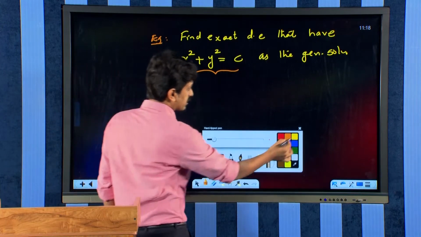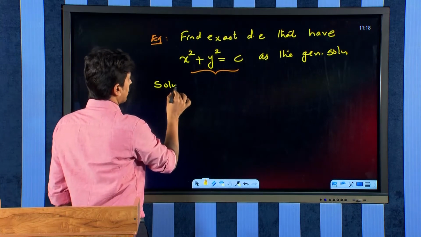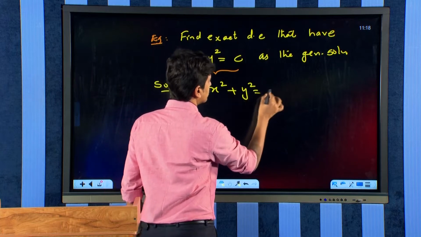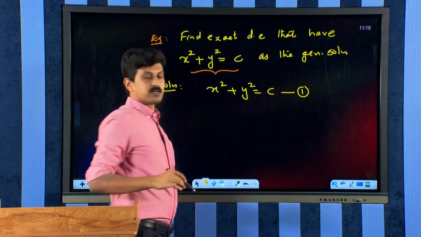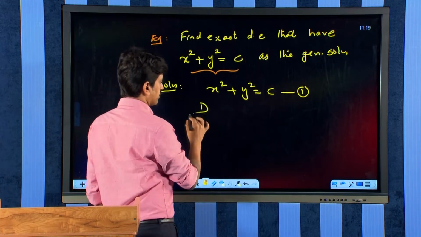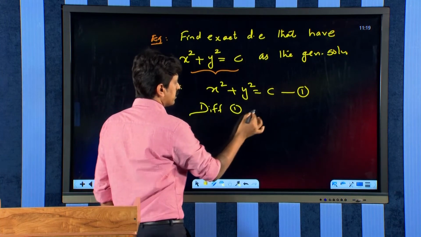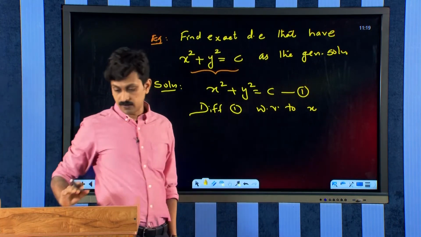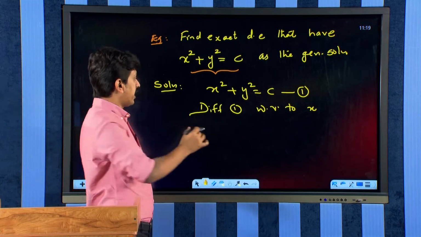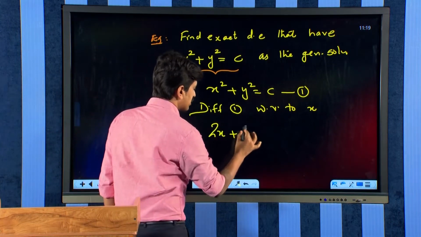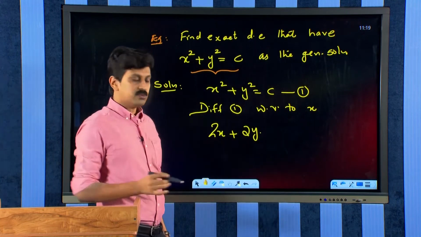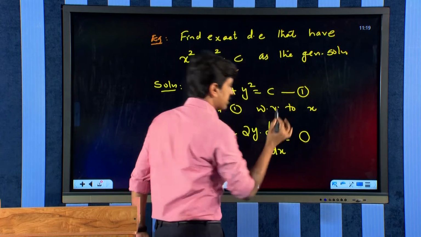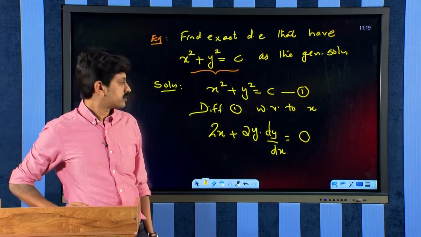I would like to write x squared plus y squared equals c as equation number 1, as part of the solution. Just differentiate 1 with respect to x. We will have 2x plus 2y dy by dx equal to the derivative of the arbitrary constant, which is 0.